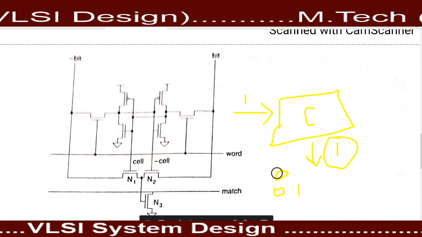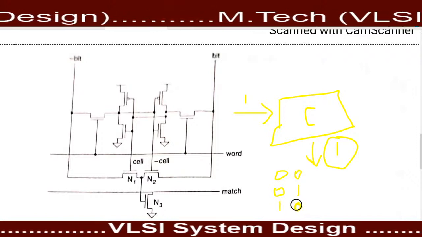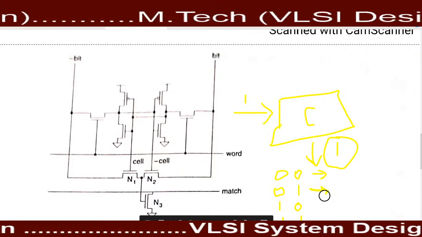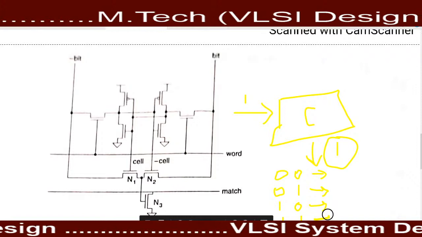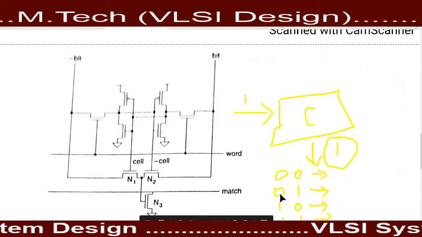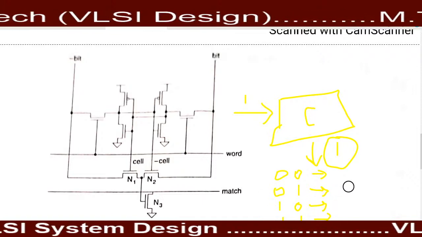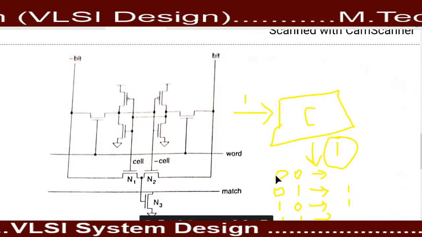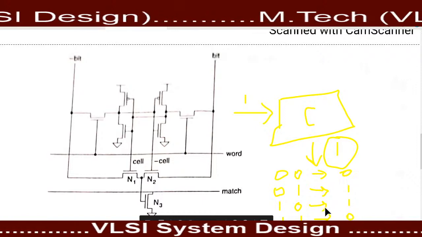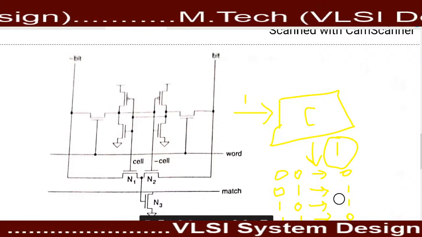If I make a truth table of the XOR gate, in a two-input XOR gate there are 4 input combinations, and according to these we get 4 different output values. In an XOR gate, when both inputs are unequal, the output will be 1, and when both inputs are 0, the output will be 0.